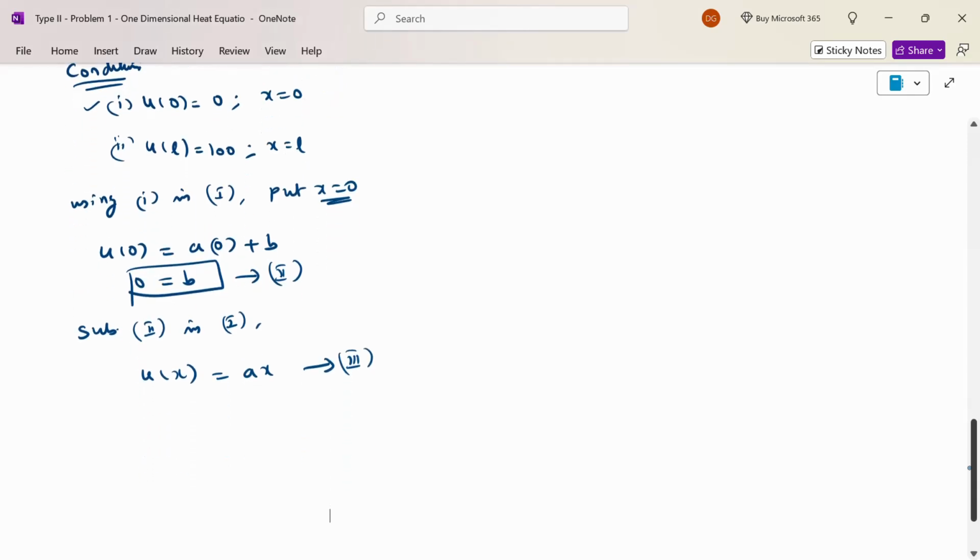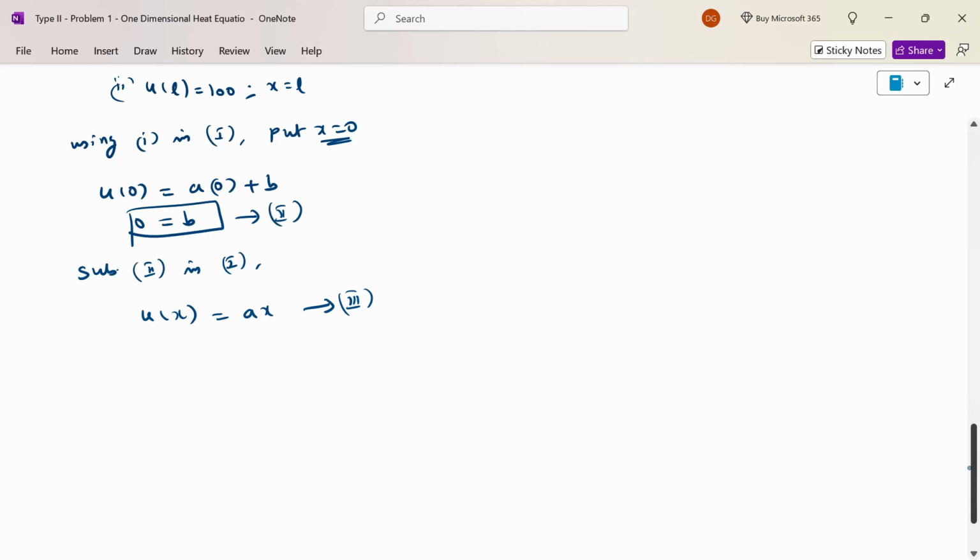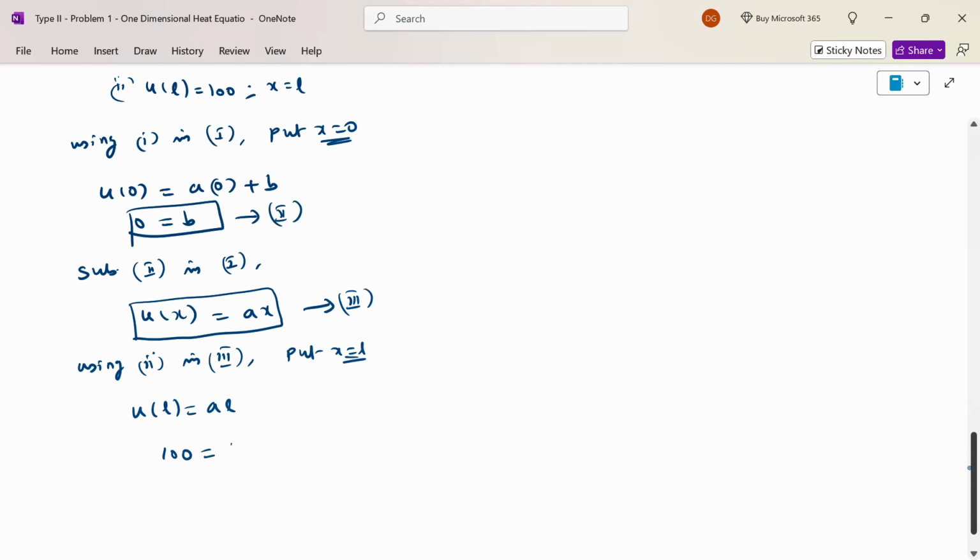Next, using the second condition in equation 3, put x equal to L. Substituting x equals L in the third equation, u of L equals aL. The value of u of L is 100, so a equals 100 by L. I call this the fourth equation.